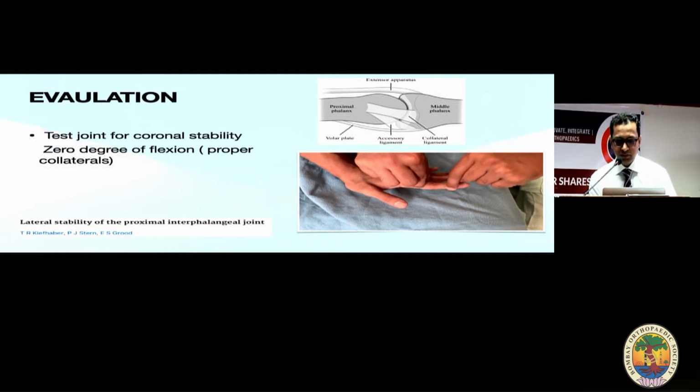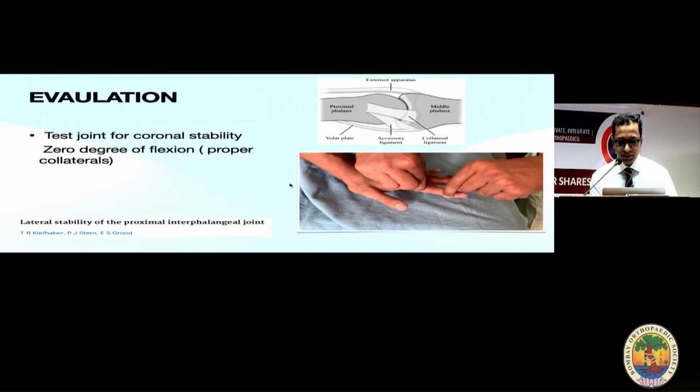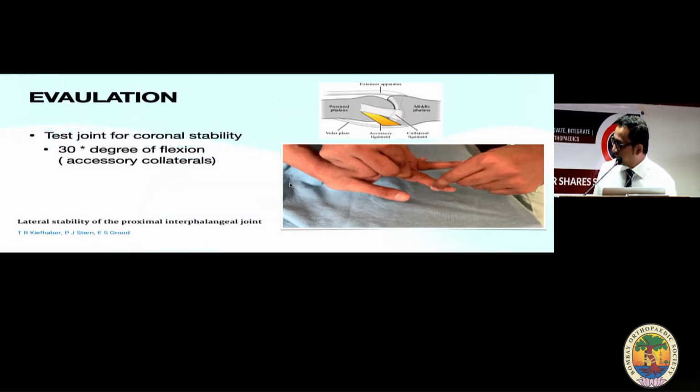Test the joint in full extension to check the proper collaterals, and in 30 degrees of flexion, you can check the accessory collaterals. It will give you an idea about whether they are stable or unstable and which ligaments are torn.